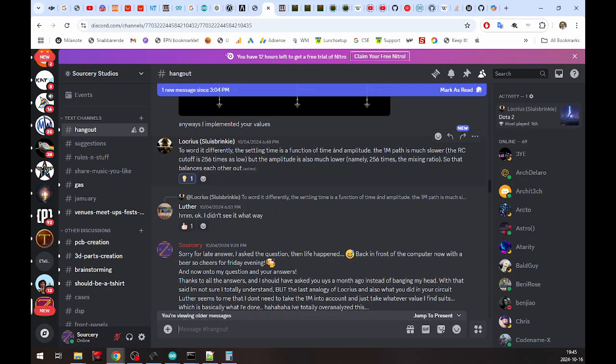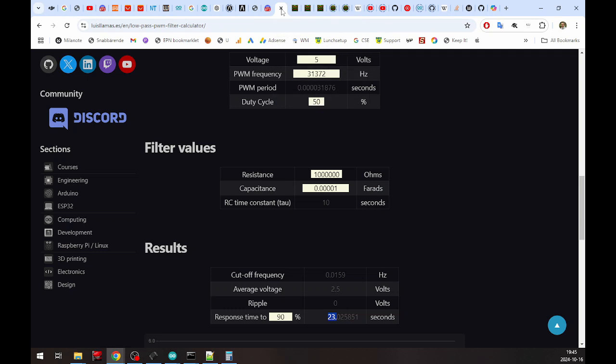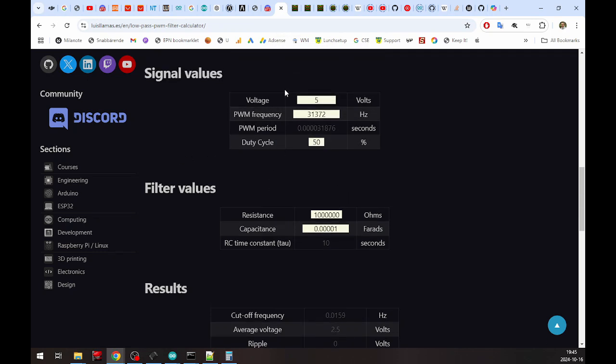To word it differently, the settling time is a function of time and amplitude. The 1 mega ohm path is much slower. The RC cutoff is 256 times as low. But the amplitude is also much lower, namely 256 times, the mixing ratio. So that balances each other out. So in this here, we're not really talking about 5 volts.